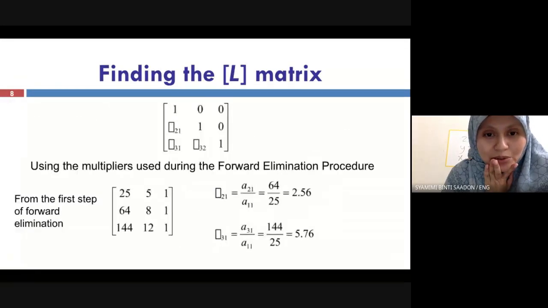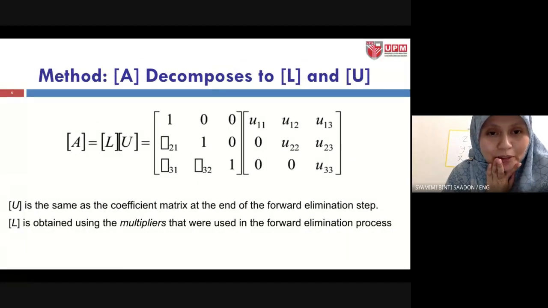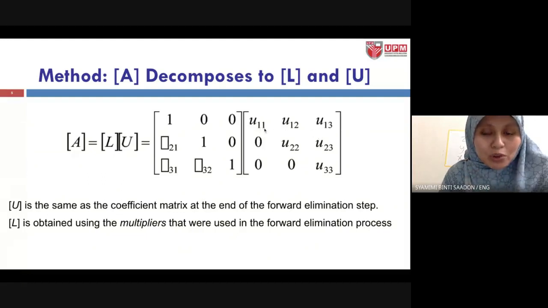The definition: the matrix A can be decomposed in terms of lower and upper triangular matrix that we call L and U, matrix L and matrix U. So we have this matrix L and this matrix U. We have to decompose A. We have to find the value for each component: U11, U12, U13, U22, U23, U33, and L21, L31, and L32.